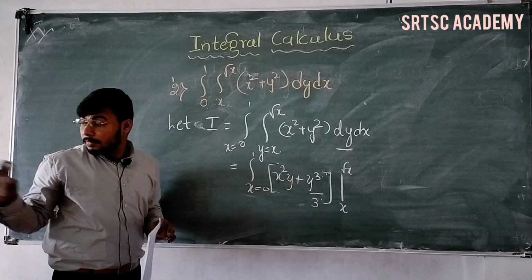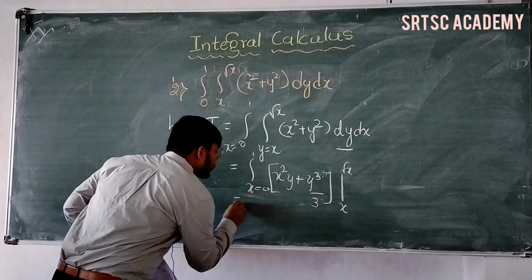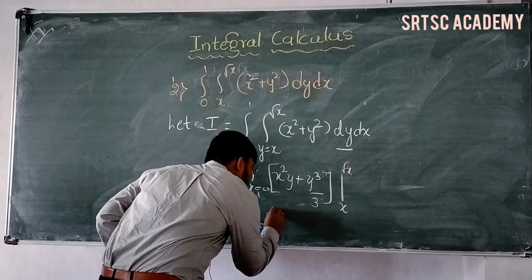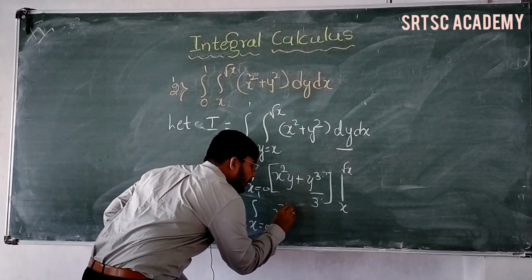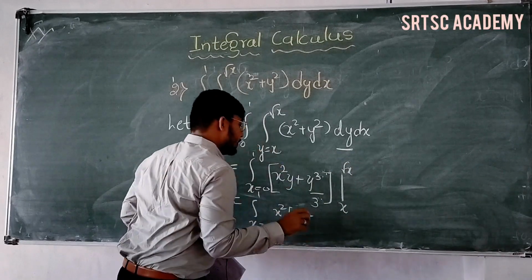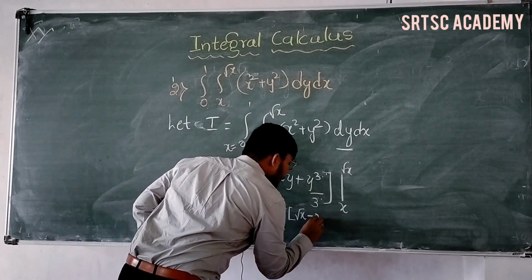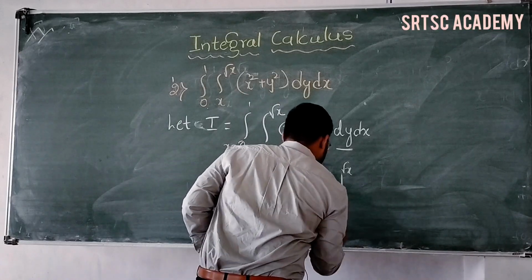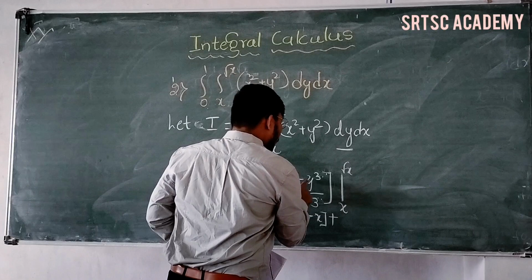See here, x varies from 0 to 1, x square, take it outside, and y is what? Root x, upper limit root x minus lower limit. What is the lower limit? X, right? Okay, plus y cube by 3.